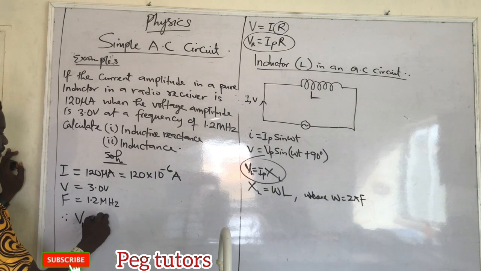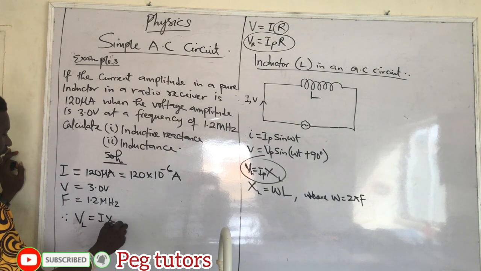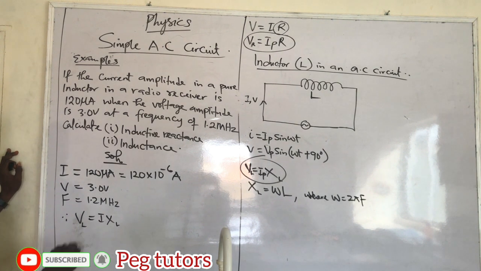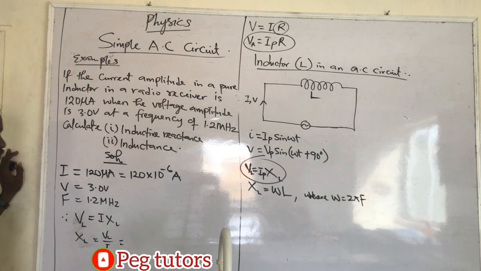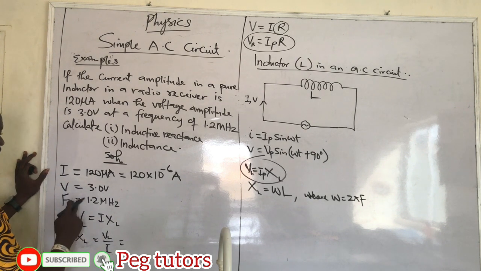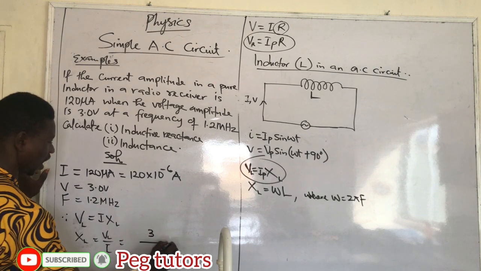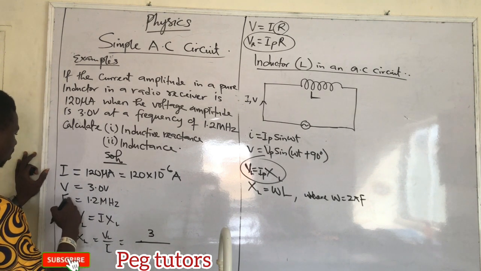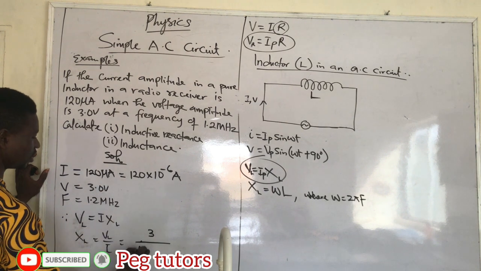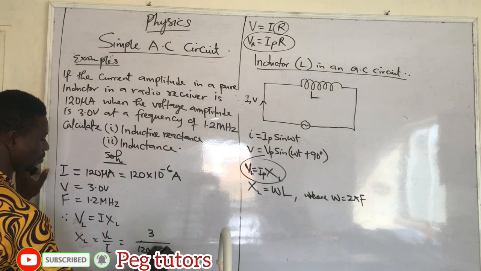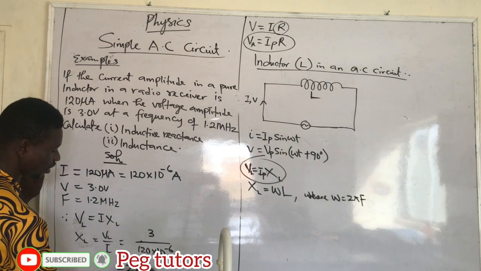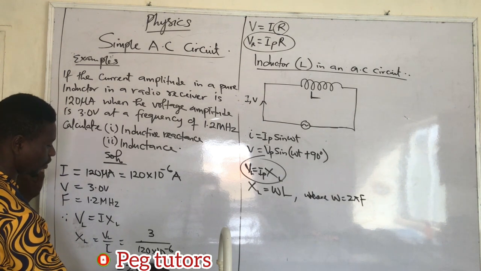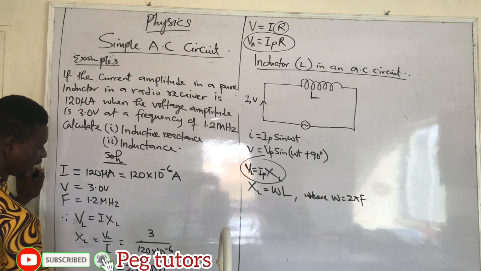If I make XL the subject, the formula will be VL over I, which is equal to 3 all over 120 times 10 raised to power minus 6. If you calculate this properly, this will give me 2.5 times 10 raised to power 4 ohms.